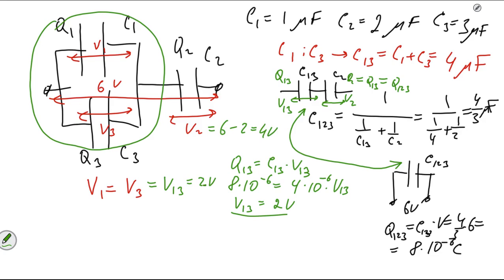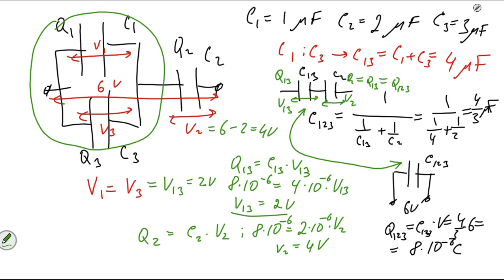And how can we calculate it alternatively? Well, Q2 should be equal to C2 times V2, meaning same charge, 8 times 10 to the negative 6, will be equal to 2 times 10 to the negative 6 times voltage number 2. That gives 8 over 2, 4 volts. And now we can calculate each charge.